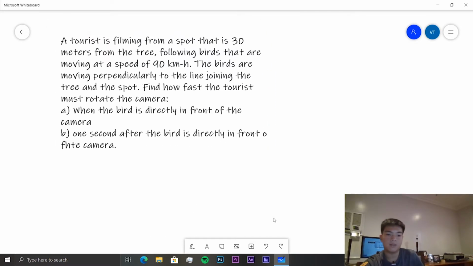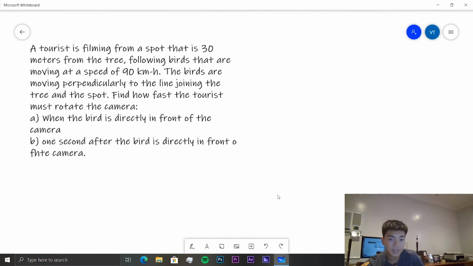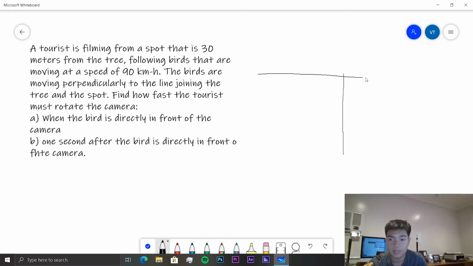So this looks alright. We have a spot that is 30 meters from a tree, and the birds are moving perpendicularly. So I'm going to assume it looks something like this, where we have 30 meters and the birds are moving at 90 kilometers an hour.